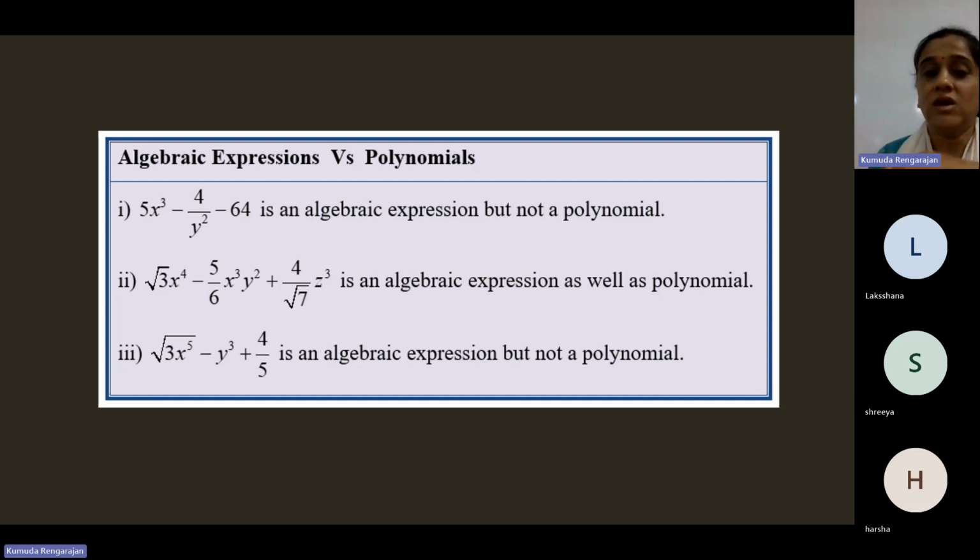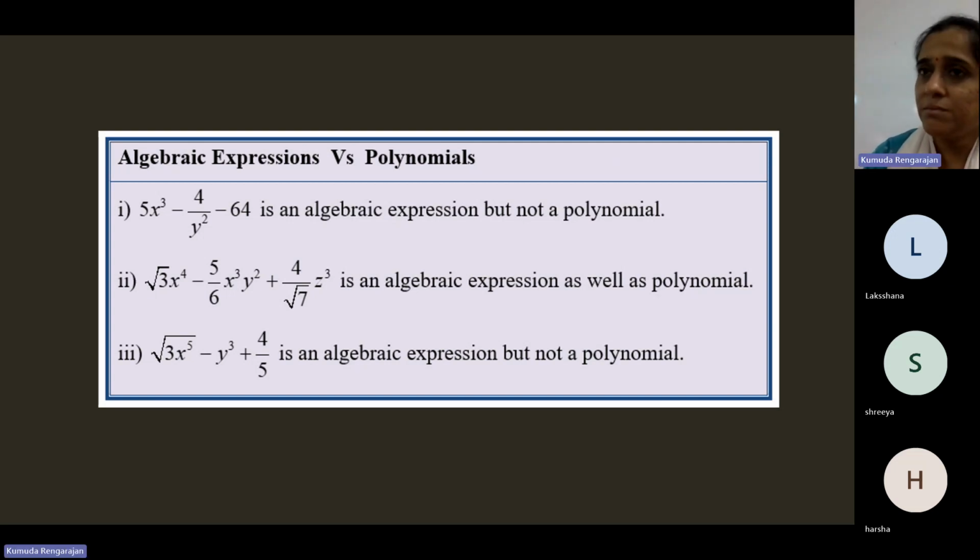Got it? Now we have two more polynomials called constant polynomial and zero polynomial. After monomial, binomial, trinomial, quadrinomial, with one, two, three, four terms, we have two more: zero polynomial and constant polynomial.